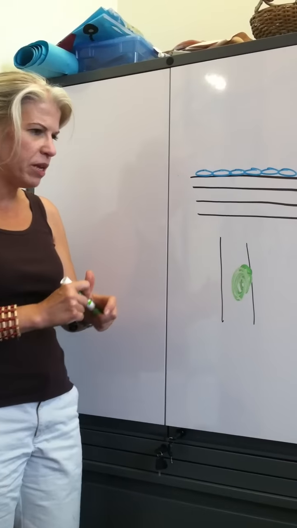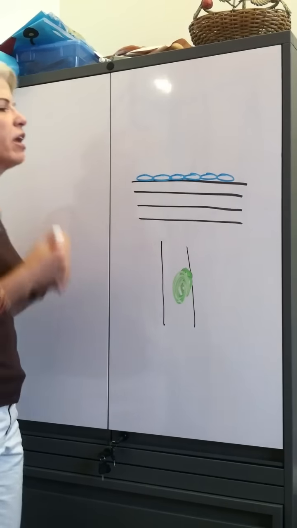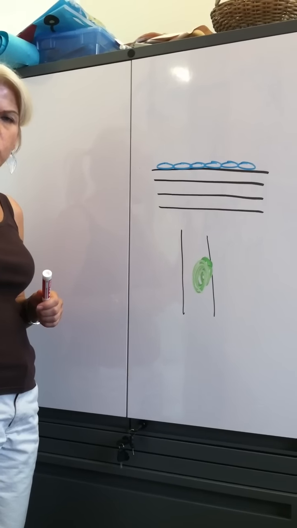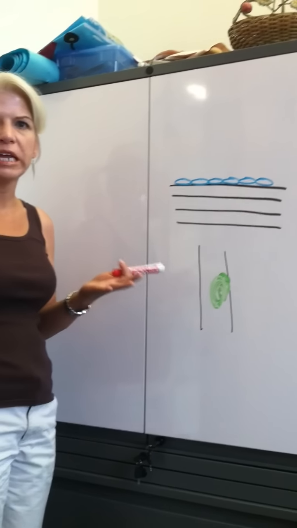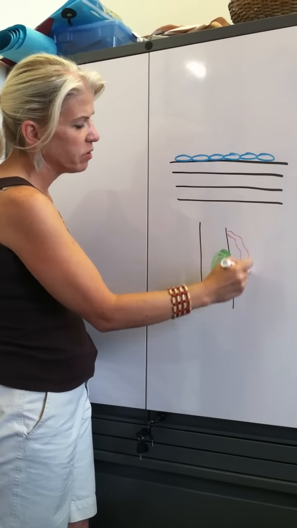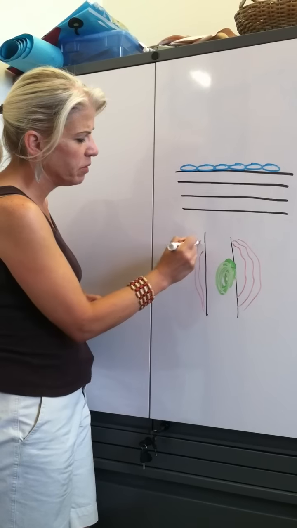Well, what can happen is that the endothelial lining can actually grow around that. And the endothelial lining, your capillaries, are one layer thick. So basically what happens is little capillaries will grow around that area of obstruction.